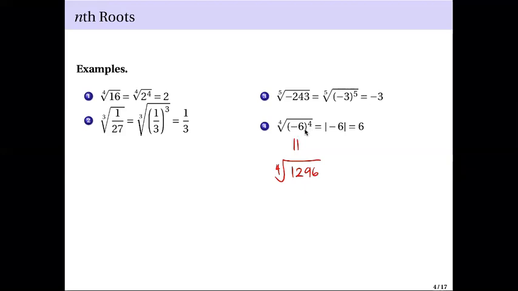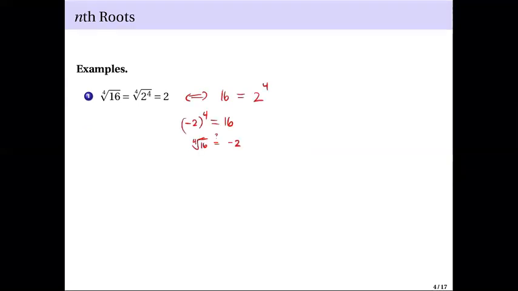So what really happened here is, just like in this illustration, if you are going to write 16 as negative 2 quantity to the power 4, you will still get positive 2. You will still get positive 2 and not negative 2.